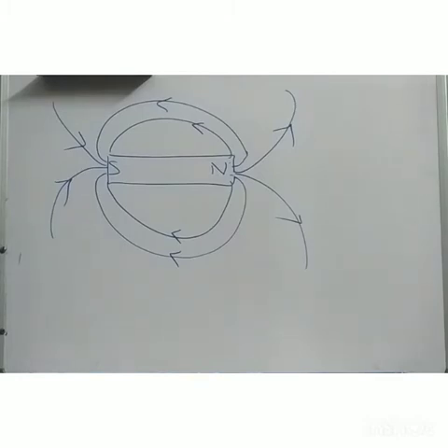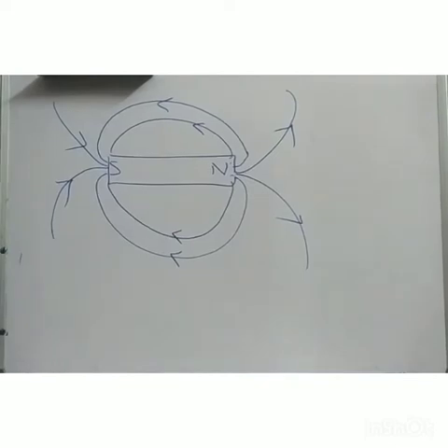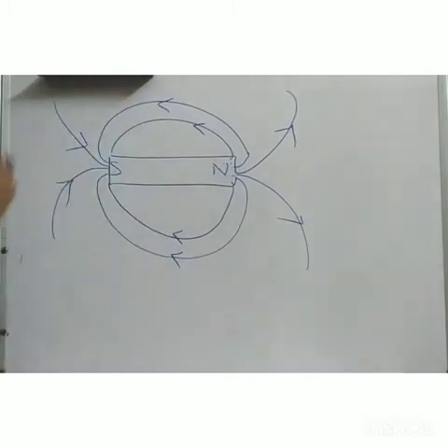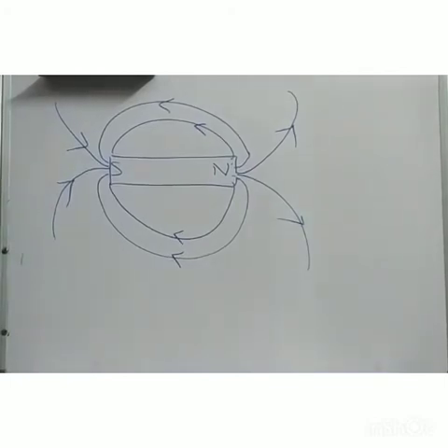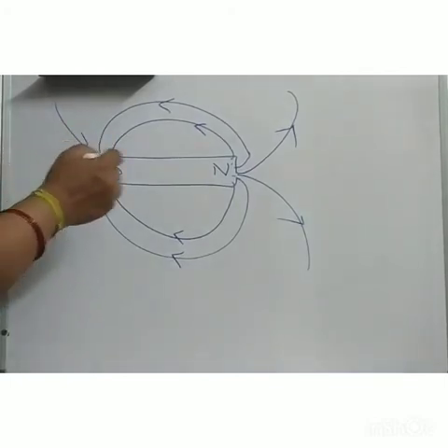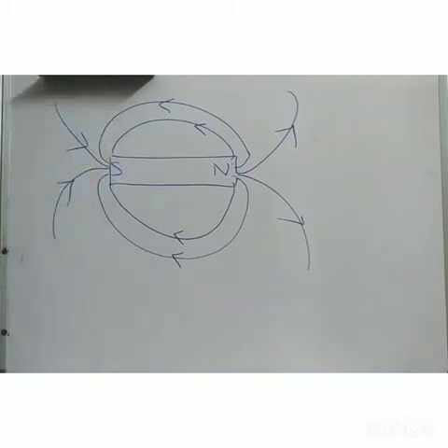Suppose a magnet is here. We don't know where is the north pole, where is the south pole. From these magnetic field lines only, we can very well find out where the north pole of this magnet lies and where the south pole lies. That means from where magnetic field lines originate, that is your north pole, and from where they terminate, it is your south pole.